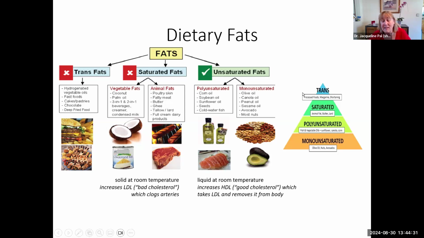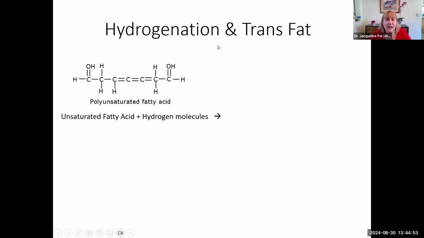They're banned in a lot of European countries. A lot of American foods that contain trans fats, the same food in Europe does not contain the trans fats because the European countries have outlawed them. Cut down on the saturated fats.